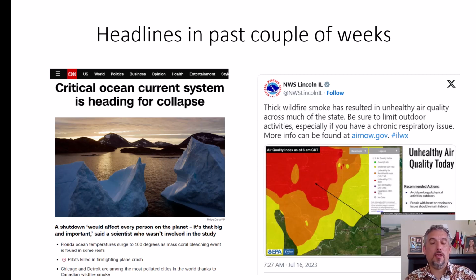On the right, you see a recent overhead view of Illinois. You can kind of see the bottom of Illinois shown. This is from Lincoln, Illinois, which is the weather station for Galesburg. And you see we had very bad air, right? Very bad air. This wasn't just for a few hours.